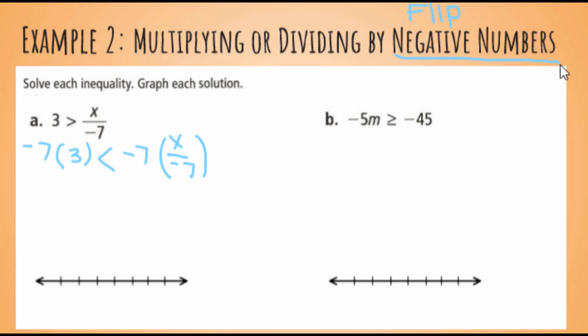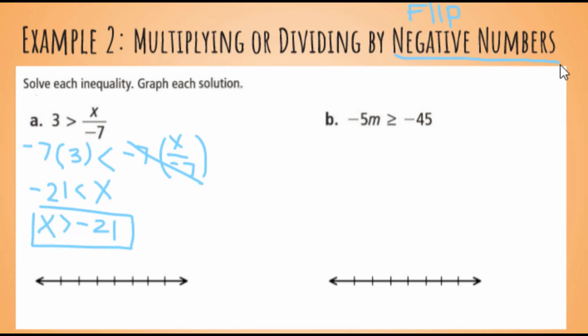So negative 7 times 3 gives me negative 21. Bring down my less than symbol. My negative 7s here cancel, and I'm left with my x. And then I want to flip this around still so that my x is on the left. So we have x is greater than negative 21.